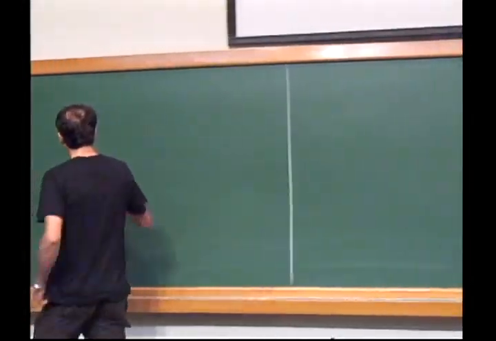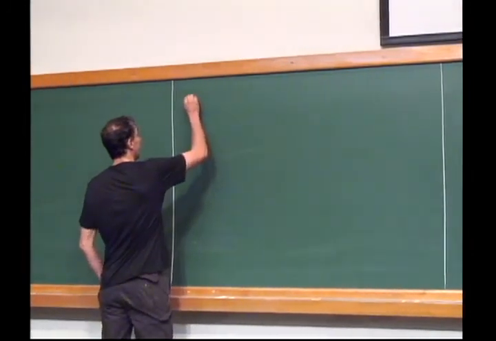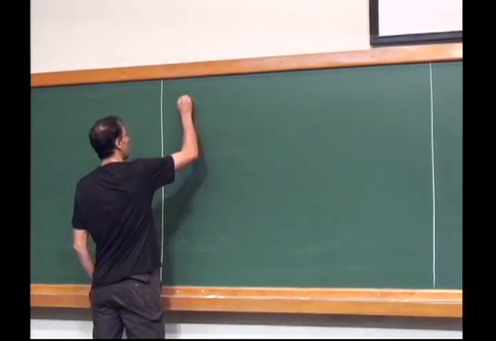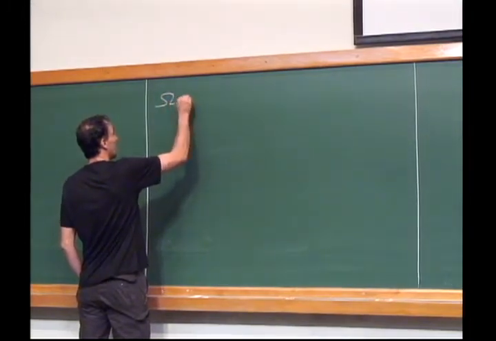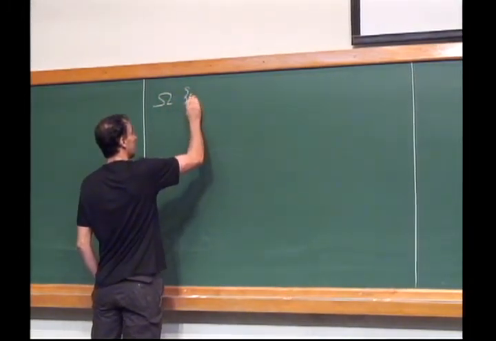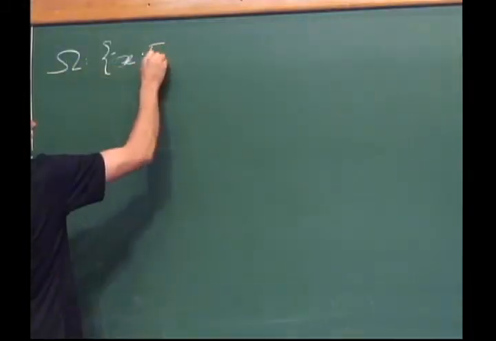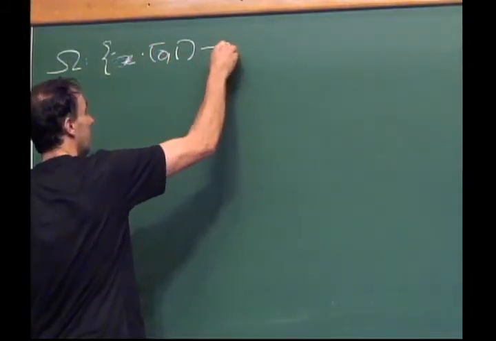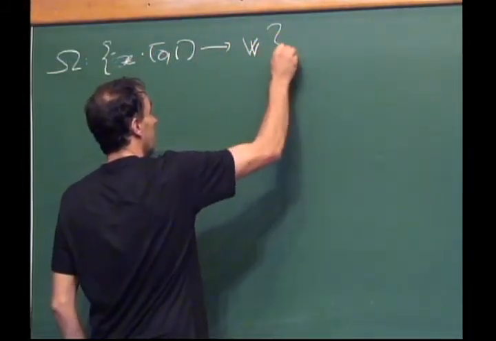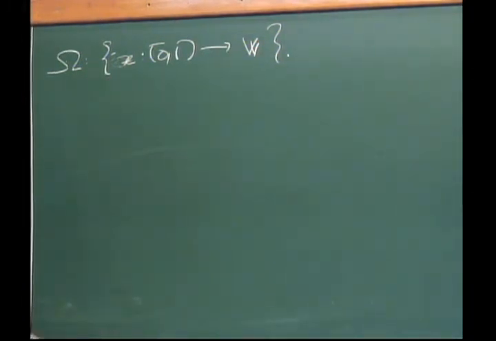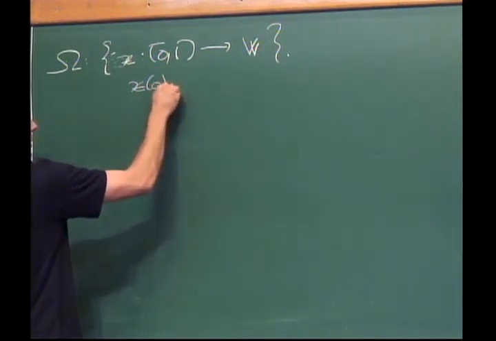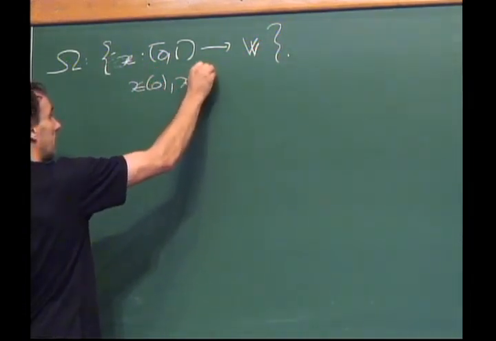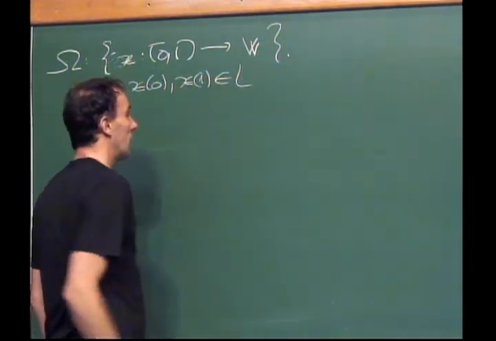Let me remind you that yesterday we defined this. So we worked on this space omega, which was the space of smooth paths in a symplectic manifold with x0 and x1 belonging to Lagrangians.